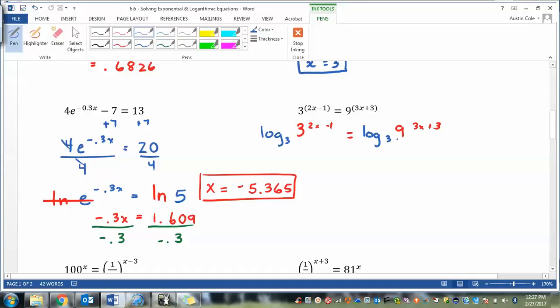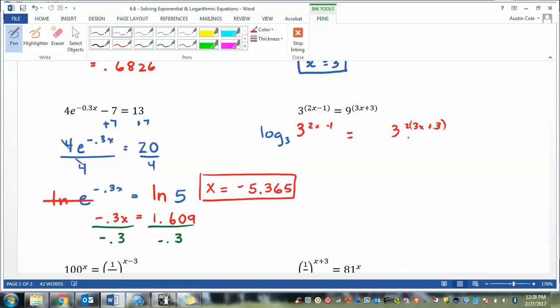So what we'd like to do is rewrite 9 in terms of 3 to an exponent. Isn't 9 3 squared? So I can rewrite 9 to be 3 squared. It's like 3 to the 2 times 3 to the x plus 3 power.